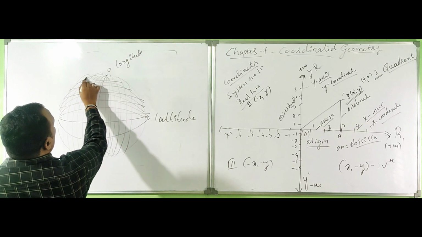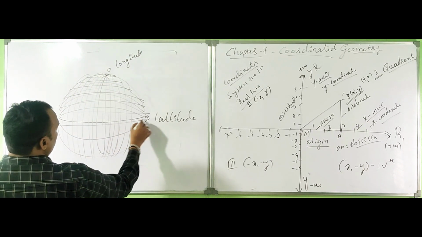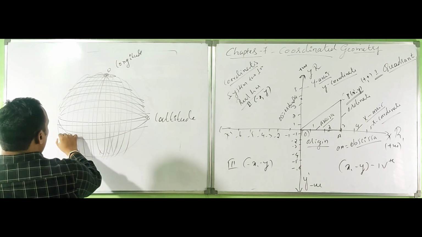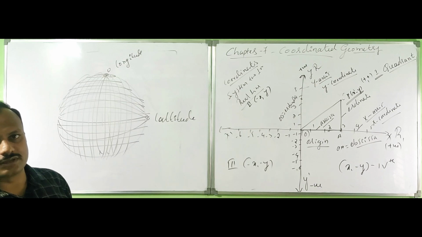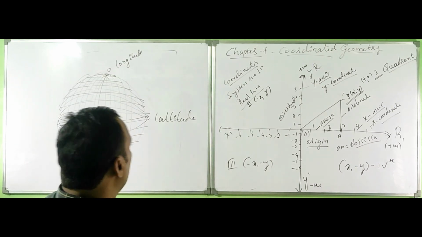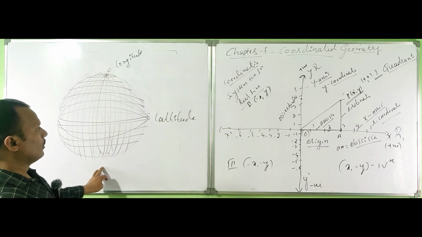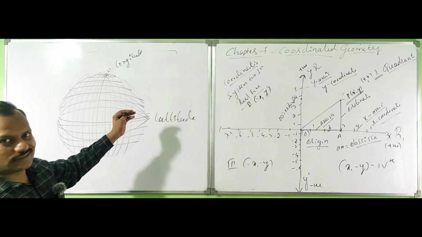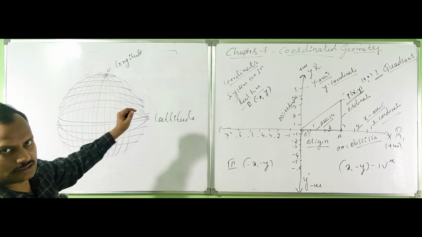But at the equator, the latitude is 0. Latitudes are not coinciding, unlike longitudes. Latitudes have a constant distance between them. Unlike longitudes, which intersect at the North Pole and South Pole, latitudes do not intersect.